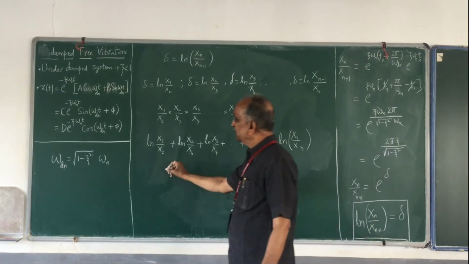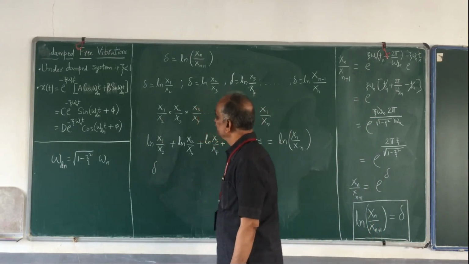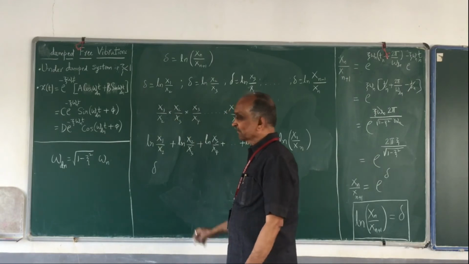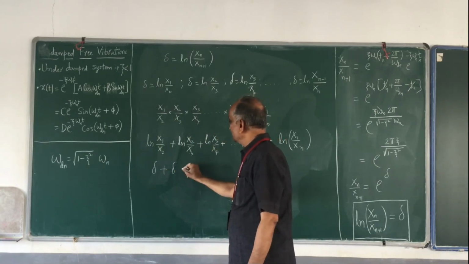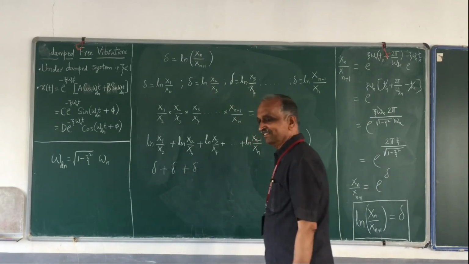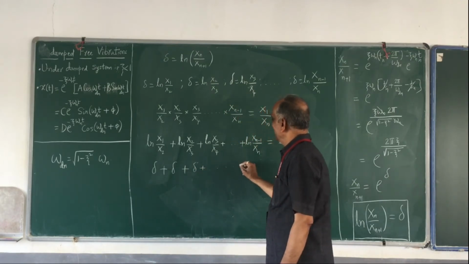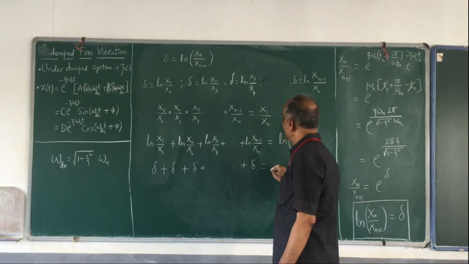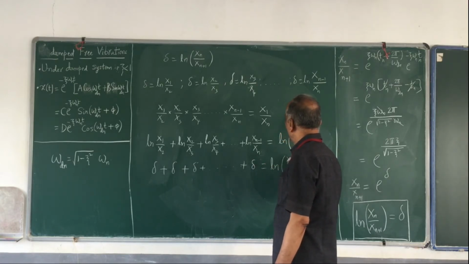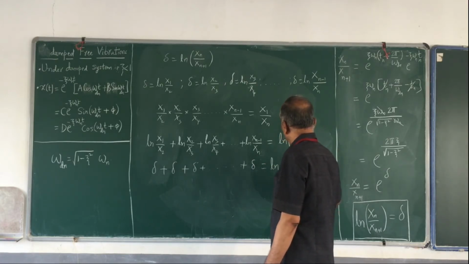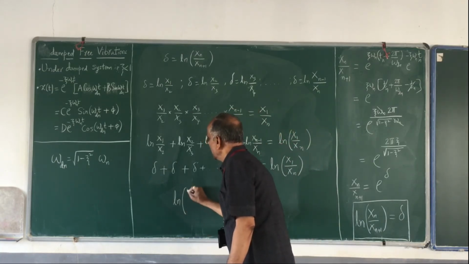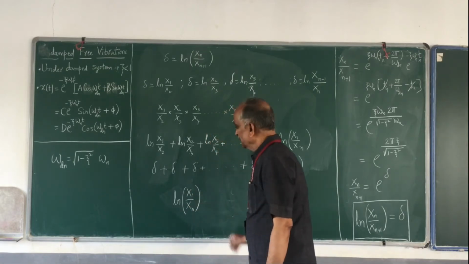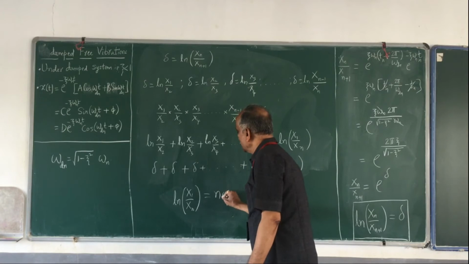Okay, so what is the left hand side? Given that this is delta, then this also is delta, this also is delta, and so on, and this also is delta. This is equal to natural log of x1 divided by xn. Therefore, I shall write the reverse. Natural log of x1 divided by xn is equal to n times delta.